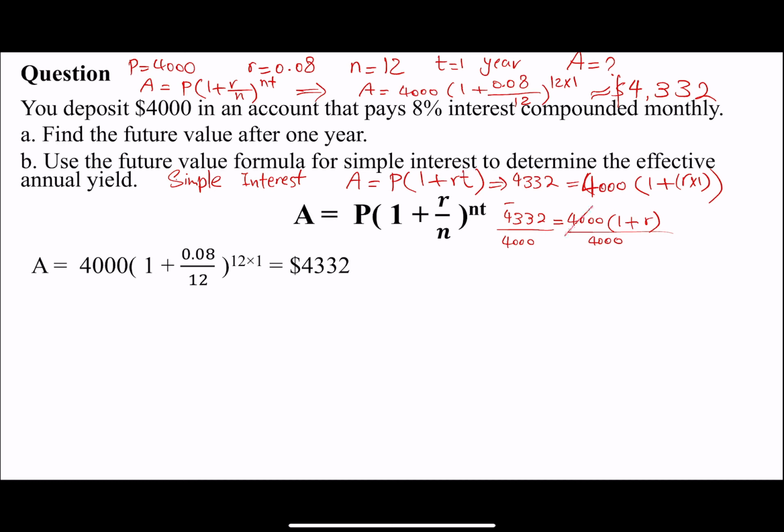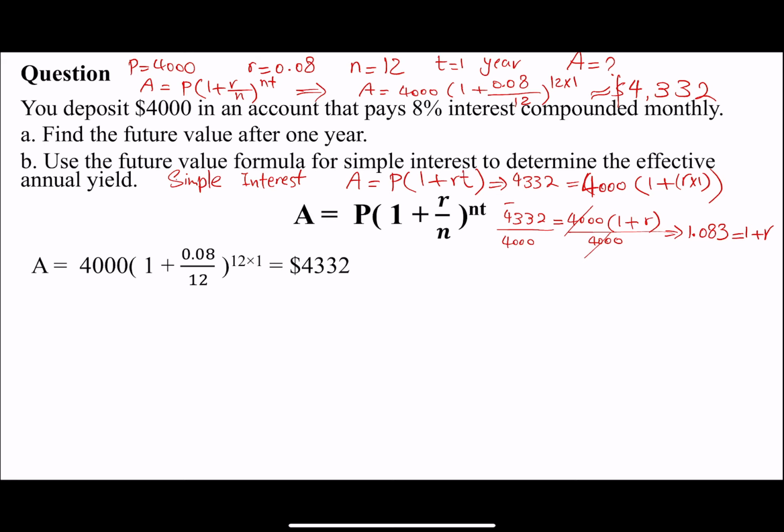On the right side, 4,000 and 4,000 cancel each other. That's exactly what I want. And on the left side, 4,332 divided by 4,000 gives me 1.083. And on the right side, I have 1 plus R. I want to find R, so I add -1 to both sides.